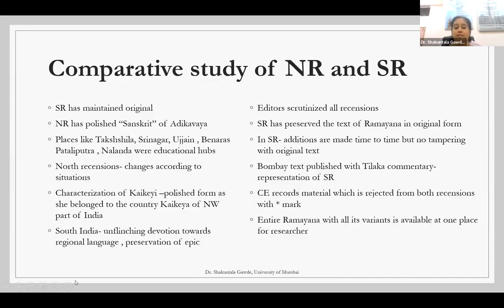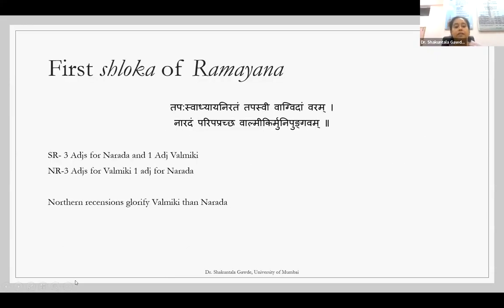So those beginnings are also recorded in the footnotes. Those variants which are available are also recorded in the footnotes. We get all the variants, but they have accepted one patha after scrutinizing and analyzing the text properly. So it is the job of the critical editor to scrutinize all recensions and accept the particular patha.